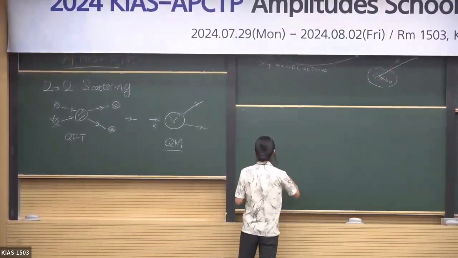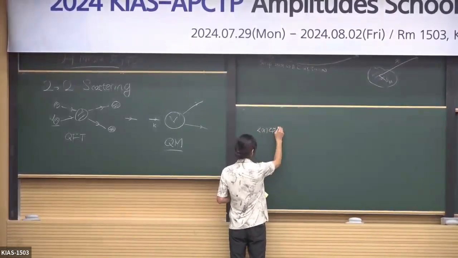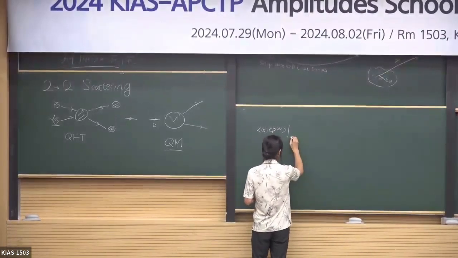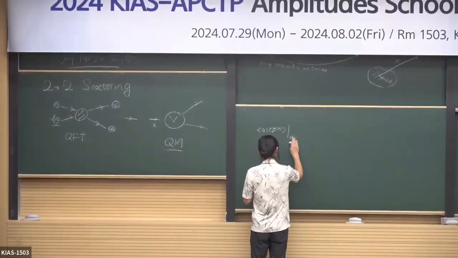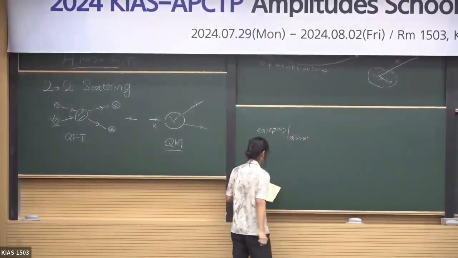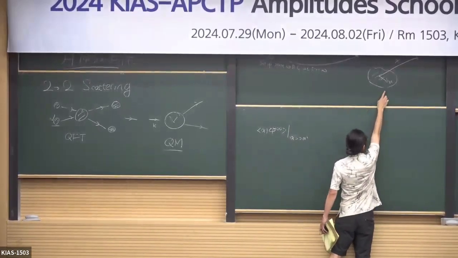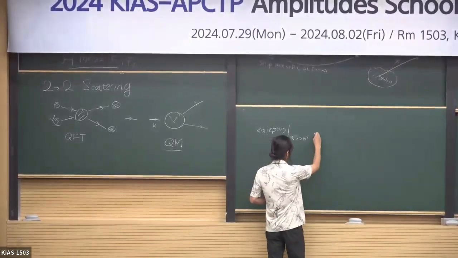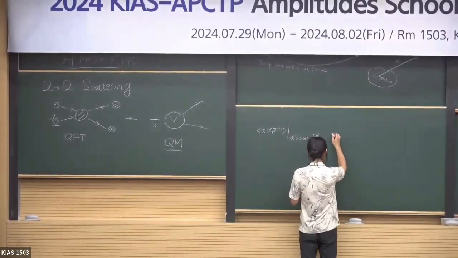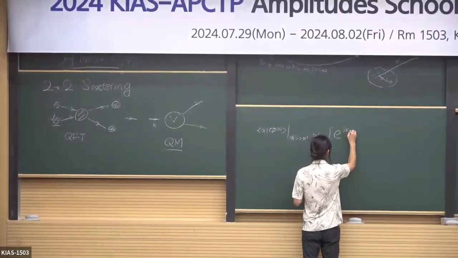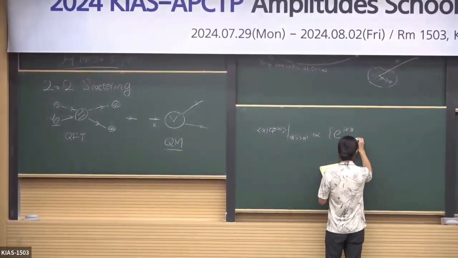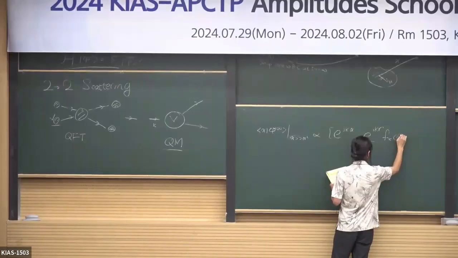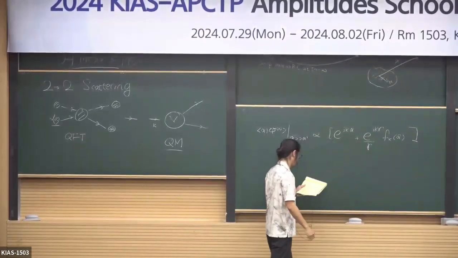Then we can see that this wave function, at x much greater than x prime, so that you're very far from the distribution of your potential, will be essentially proportional to exponential i k dot x plus exponential i k r over r times f_k(x hat).